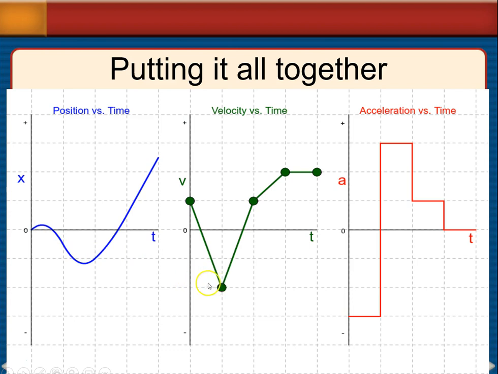And then right here, the object changes its velocity and starts to slow down a little bit until it gets here, which is where v is 0, because then it stops and turns direction.